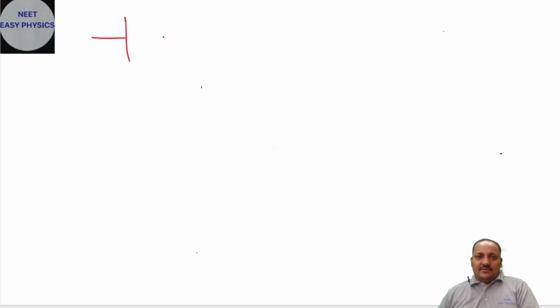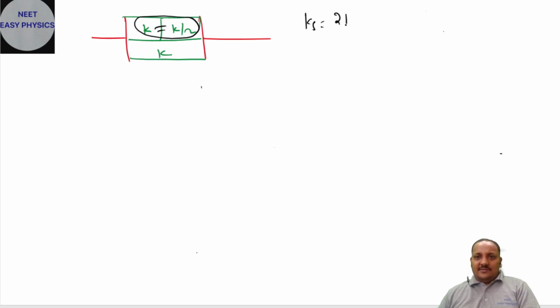If you want to solve problems, whenever they give which are in series and which are in parallel, you should know. So this is K by 2, and this is K. How will the effective K come? These two are connected in series. For K by 2 in series, our formula gives K equals 2 times K into K by 2 by K plus K by 2.